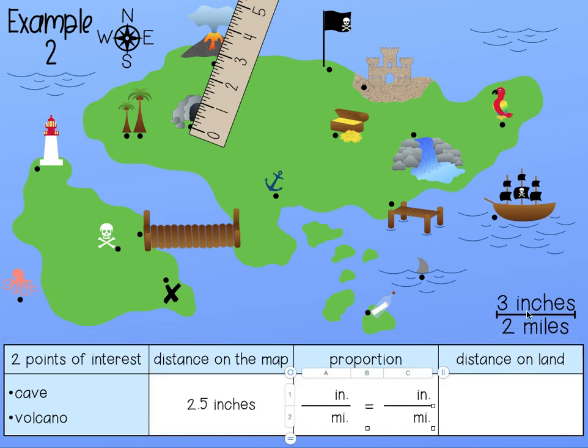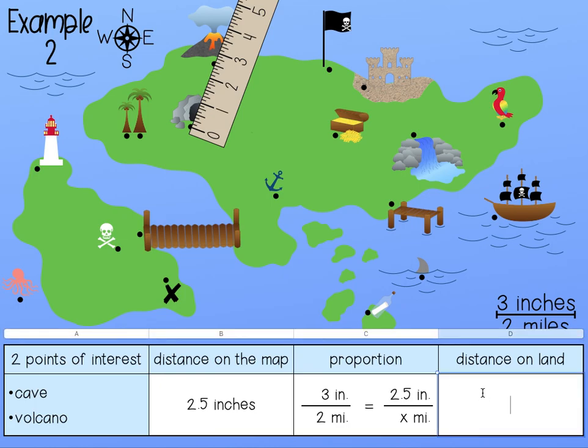So for the proportion, again, we're going to use this ratio from the map. So 3 inches represents 2 miles. And if that's true, then 2½ inches, which is less than 3, so it's going to be something less than 2. And we'll use X to represent it because so far we don't know. If we multiply in this direction, 2 times 2½ is 5.